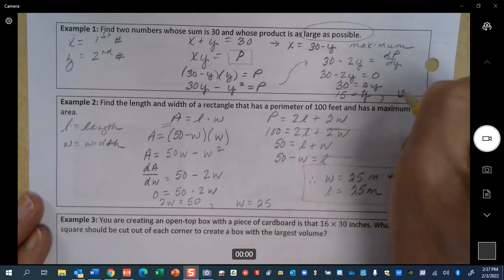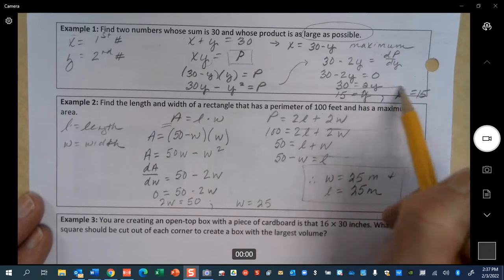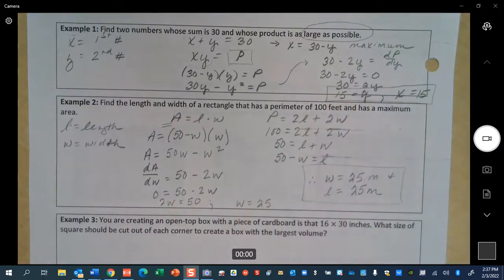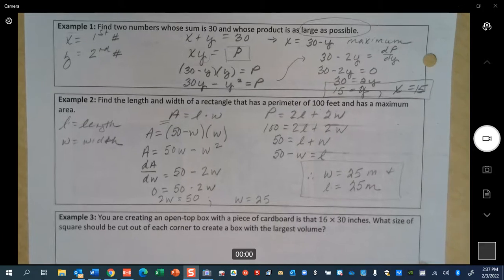And therefore, x is also equal to 15. Interesting conversation about their largest product. The largest area happens when these are the same length and width. We're going to talk about that next class after your quiz. Do an activity that has to do with that.